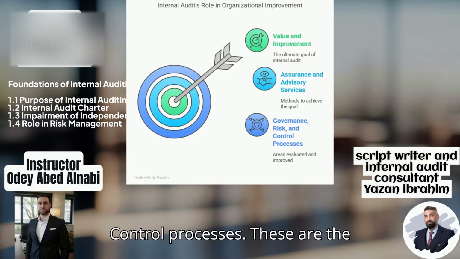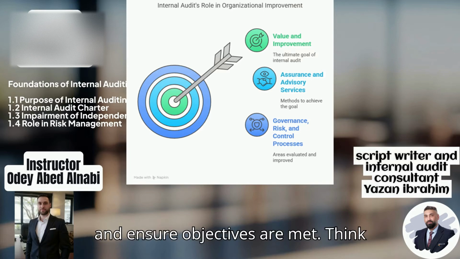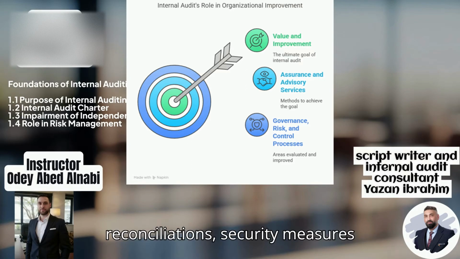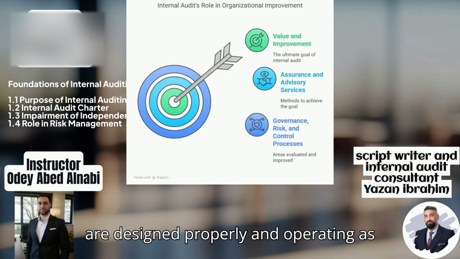Control processes. These are the specific actions, policies, and procedures put in place to mitigate risks and ensure objectives are met. Think of things like approvals, reconciliations, security measures, or performance reviews. Internal audit tests these controls to see if they are designed properly and operating as intended.